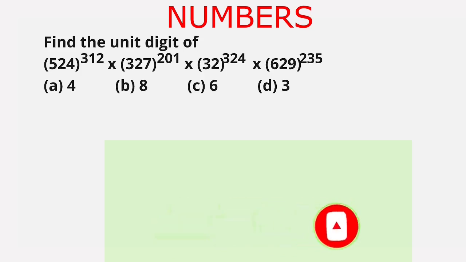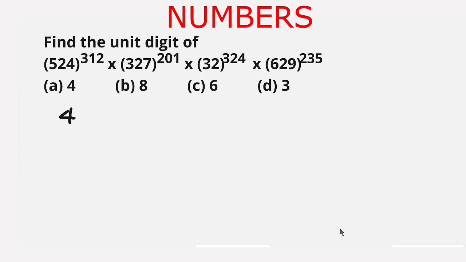As we have to find the unit digit in the given question, we will consider only the unit digit of each constituent number. The first number is 524 to the power 312. So we will take only the ones place digit or unit digit, which is 4, and it has the power 312.